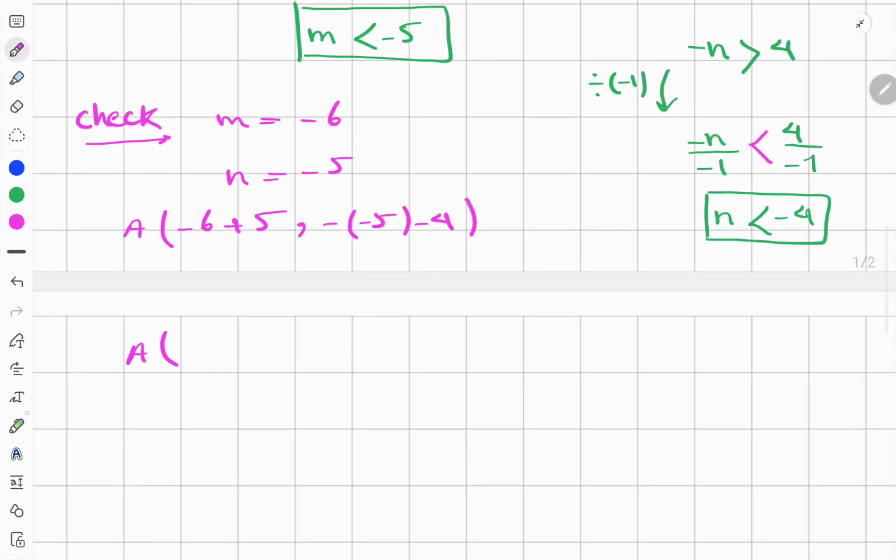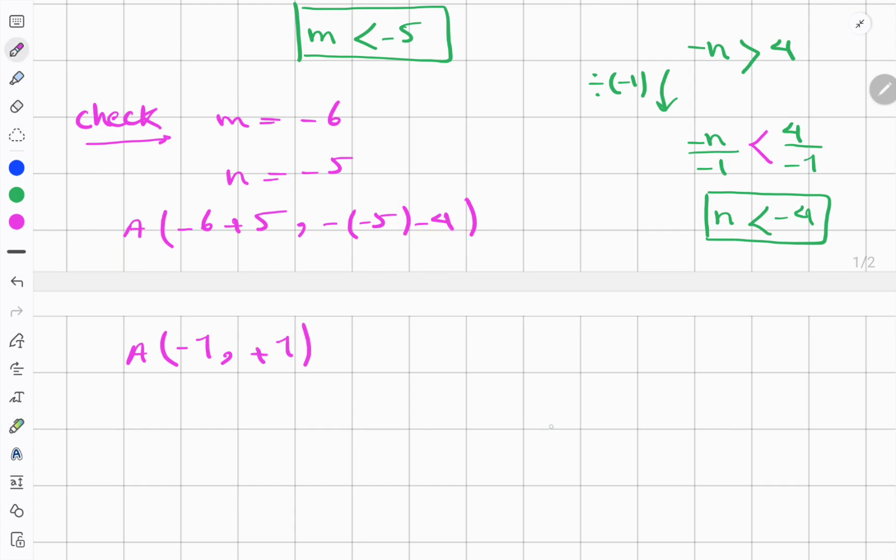So A is negative 6 plus 5 is negative 1, and negative negative 5 is positive 5. Positive 5 minus 4 is positive 1.